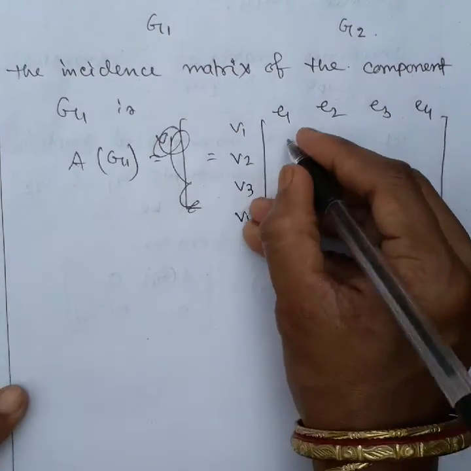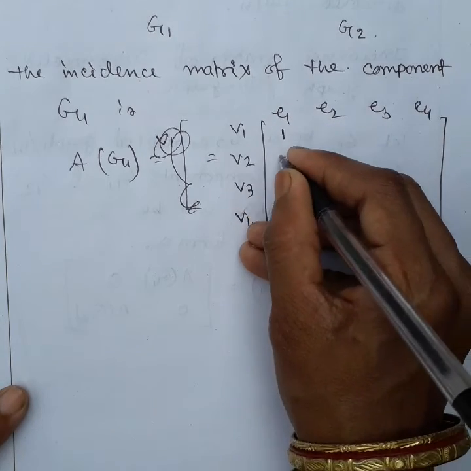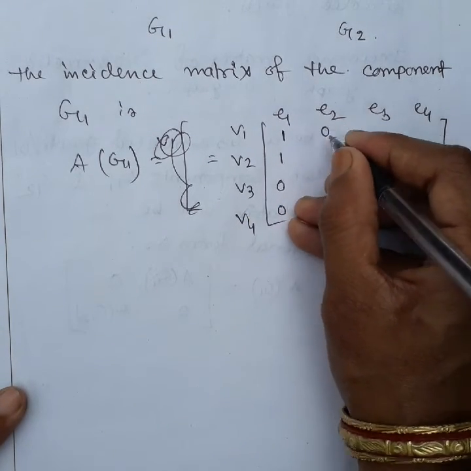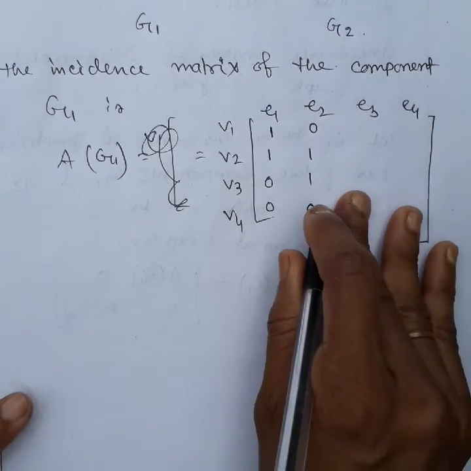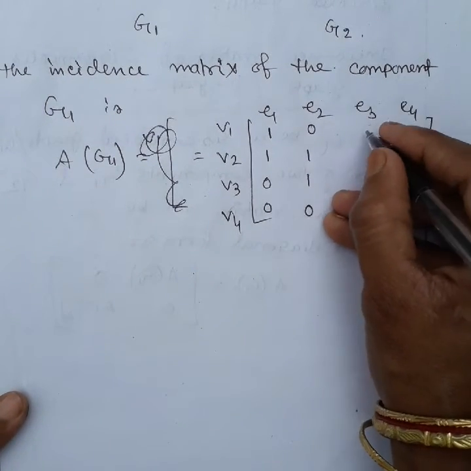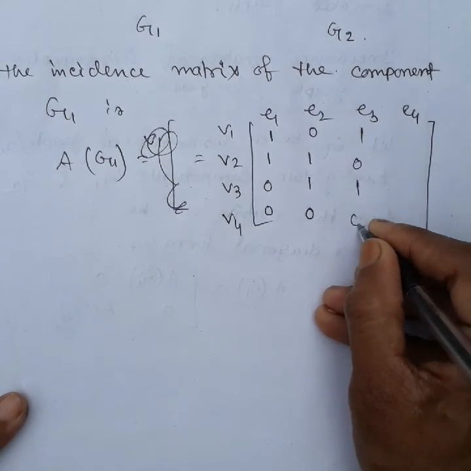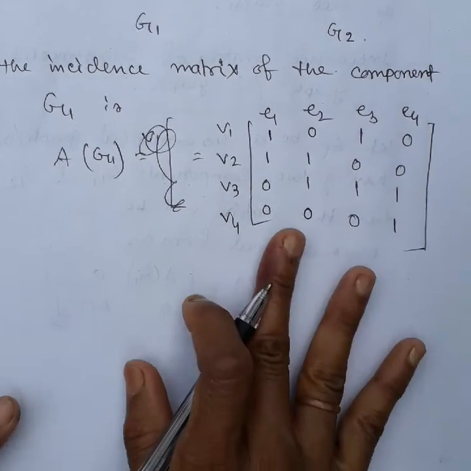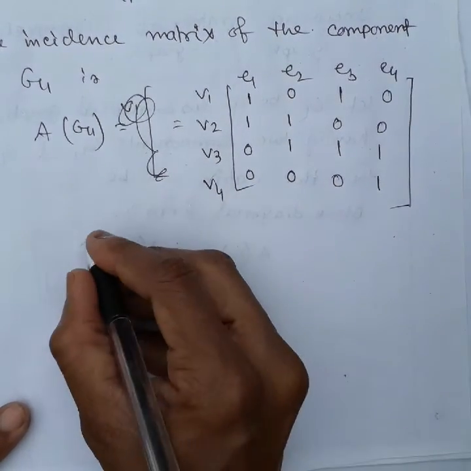Okay. E1 is connected between V1 and V2. E2 is connected with V2 and V3. E3 is connected between V1 and V3, and E4 is connected between V3 and V4. Okay, so it is A(G1).